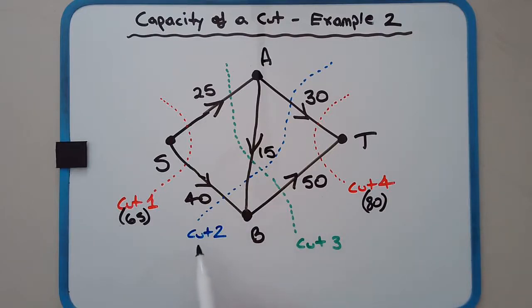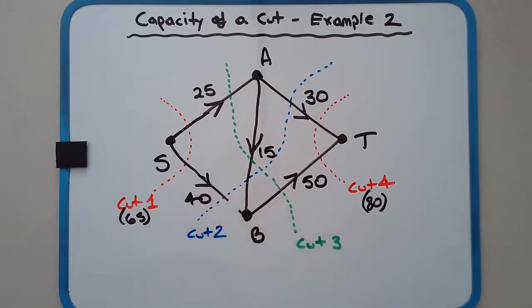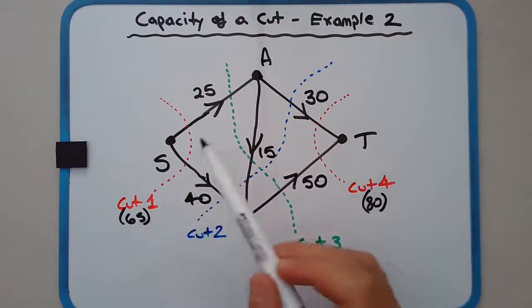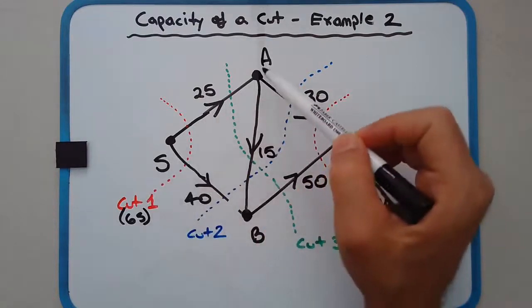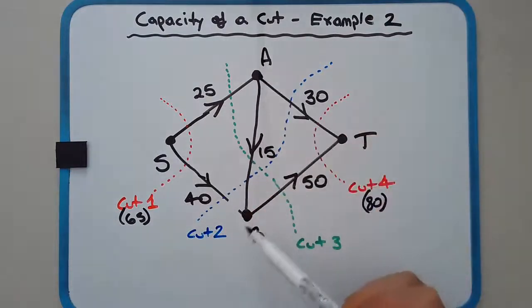Okay, what about cut number 2? Cut number 2 cuts off SB. Is there another path to get from source to sink? Yes, there is, through SA and AT and also SA, AB and BT.